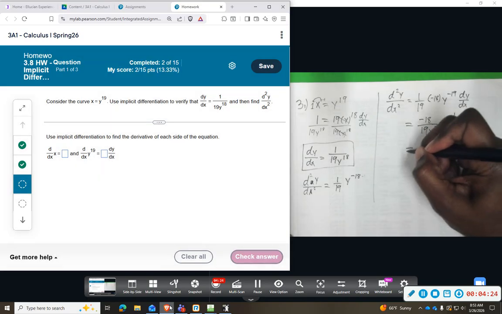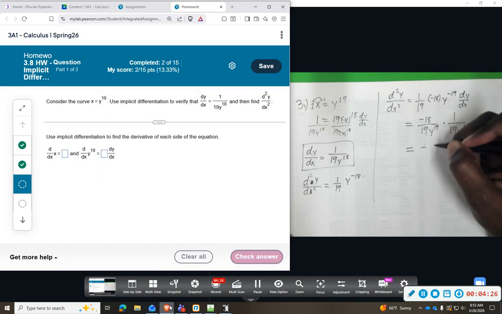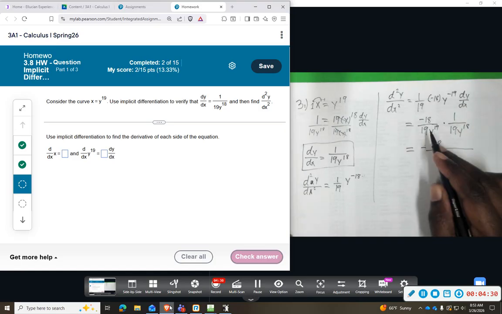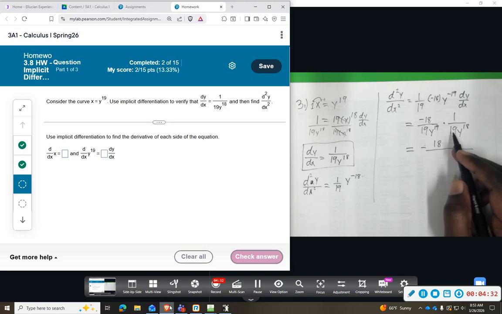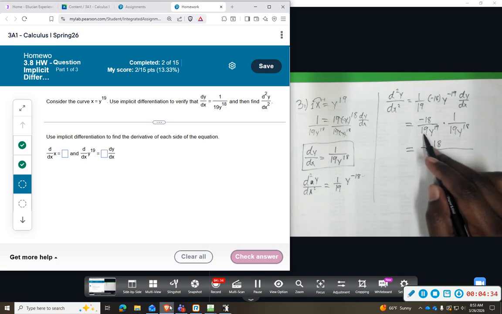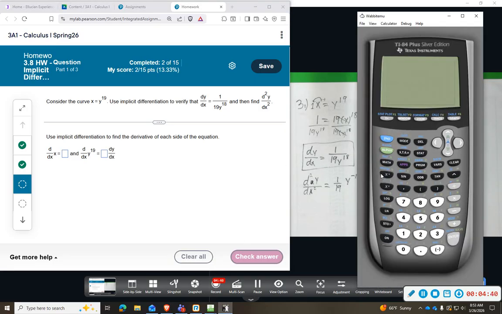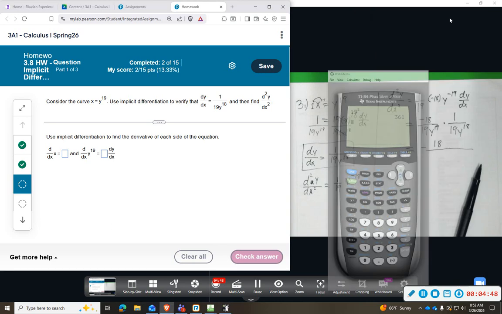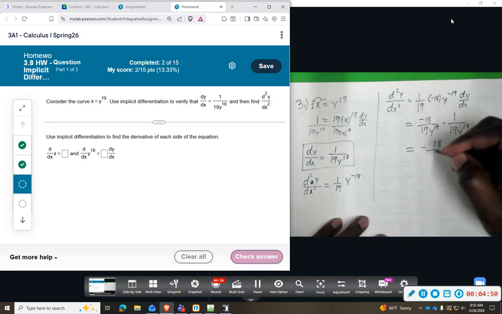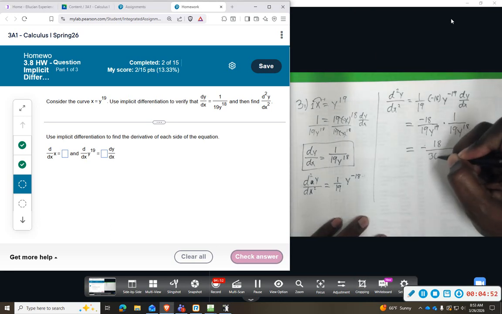So this will give us the second derivative, negative 18 over 19 squared. 19 squared gives us 361.